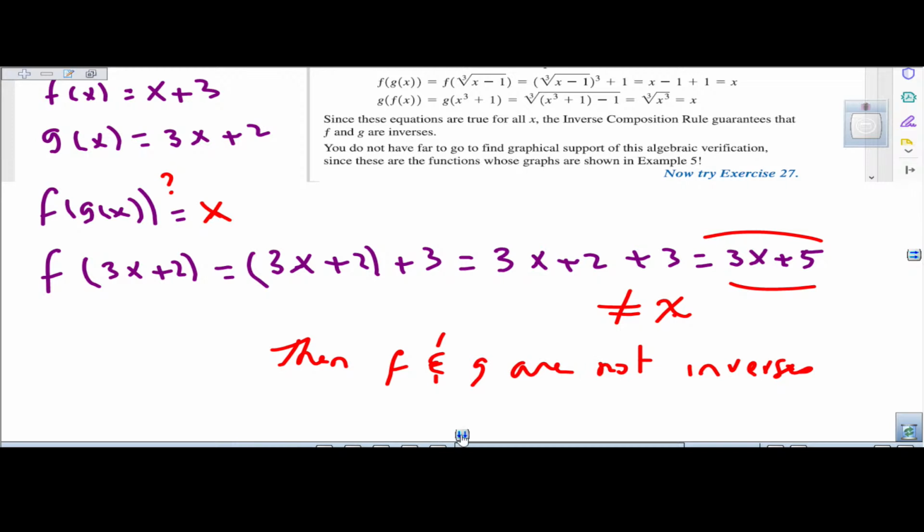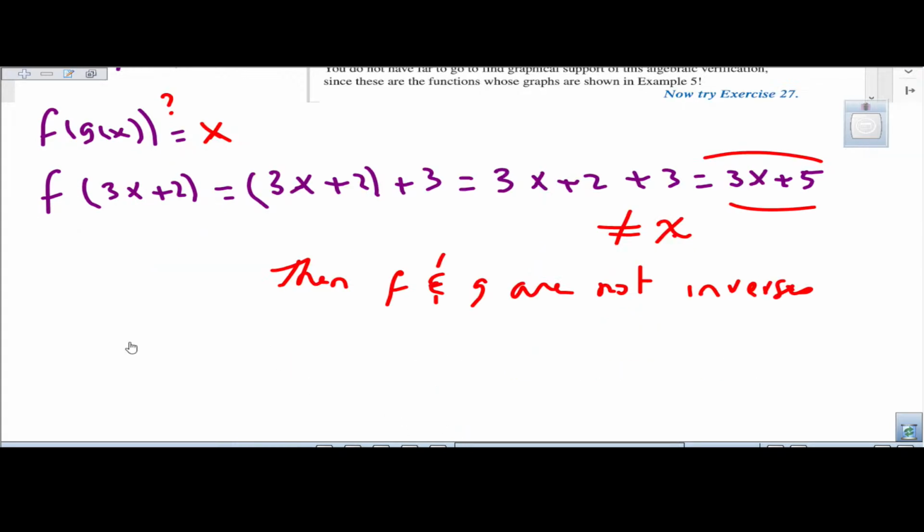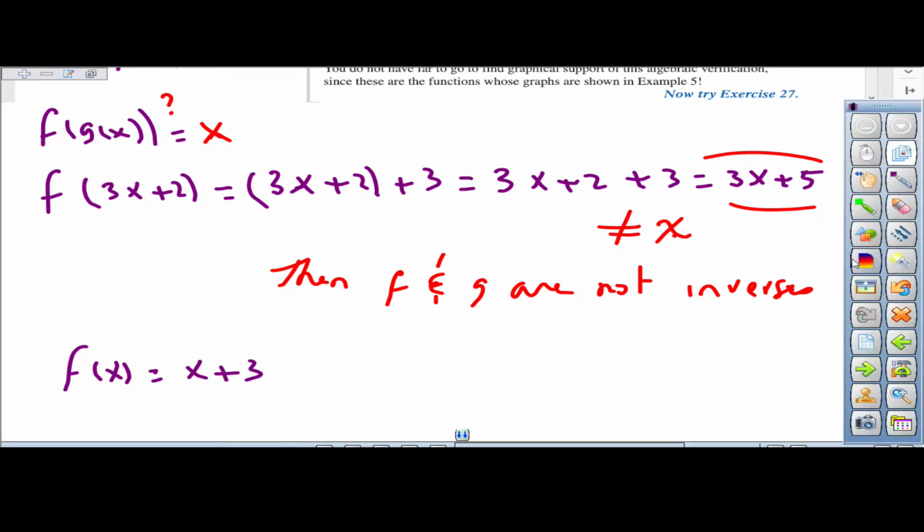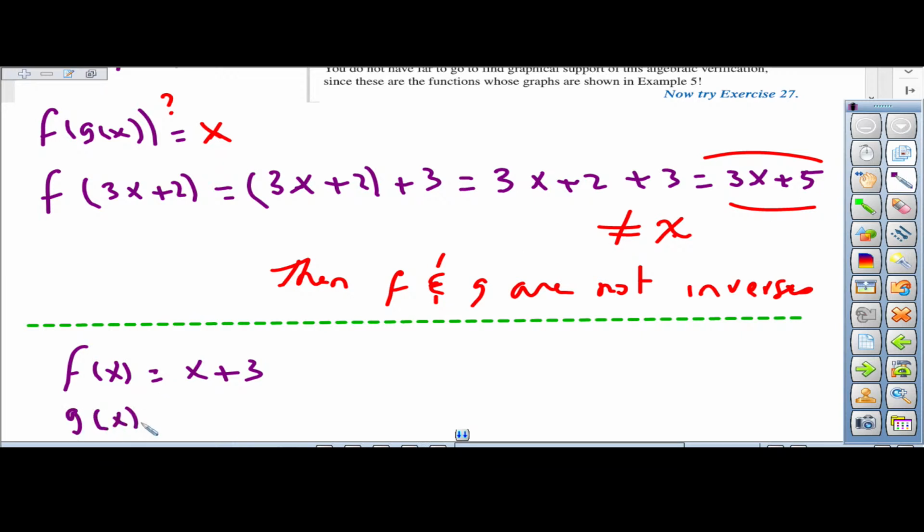Let's see another example. Let's say that I have f of x equals x plus 3, and let's say that my g of x is going to be negative 3.